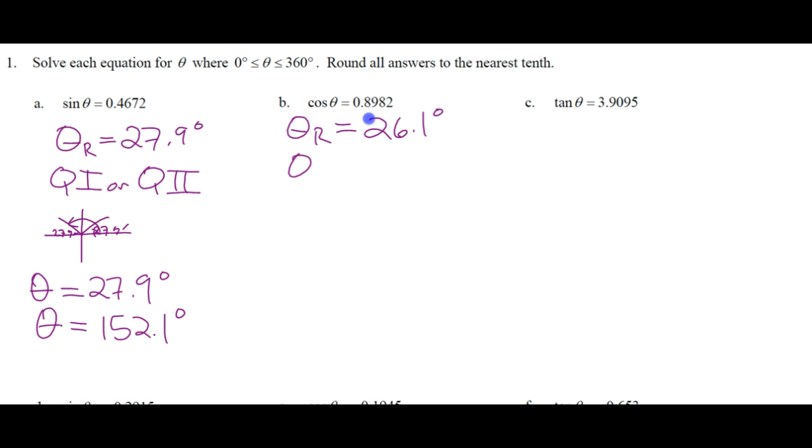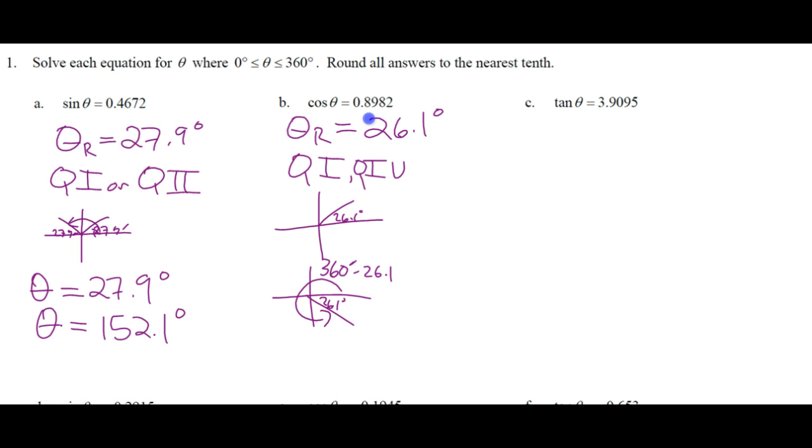Cosine is positive, Q1 and 4. Quadrant 1 angle, 26.1 degrees. Quadrant 4 angle, 26.1 degrees. This will be 360 degrees minus 26.1. So solutions, theta is 26.1 degrees.